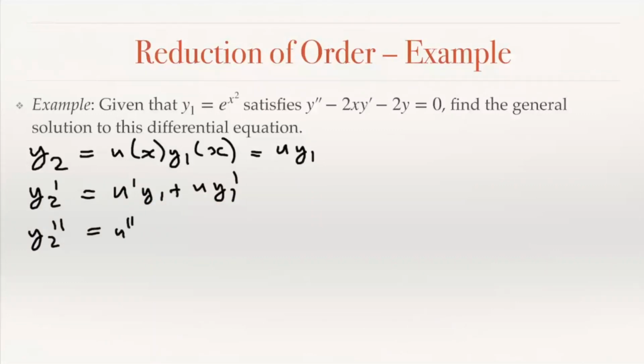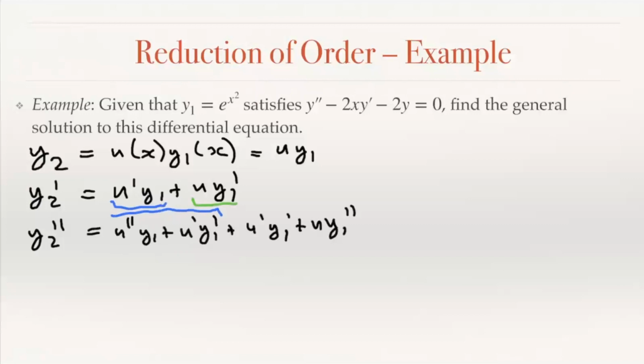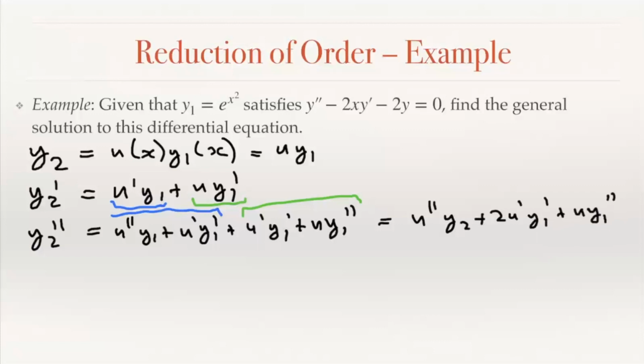That is u double prime y1 plus u prime y1 prime plus u prime y1 prime plus u y1 double prime. Those guys came from that, and the product rule on this yields those. And we can add together those two middle terms, and it's that.